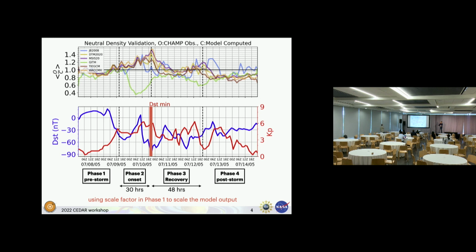The takeaway from this slide is we use this phase 1 neutral density data to correct all the six models, because all the models more or less have some systematic bias we need to calculate and then correct. And we use these corrected model outputs to calculate how these models perform during the storm time.